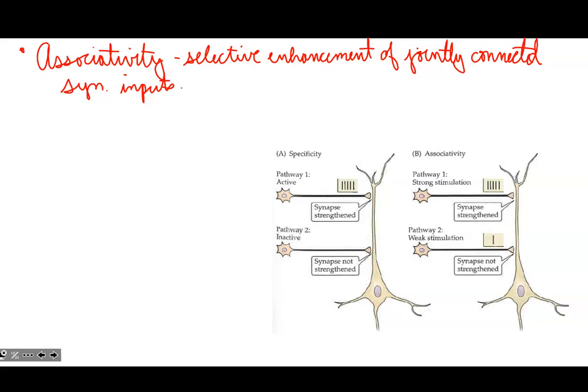Okay, so let's look at this circuit down below.